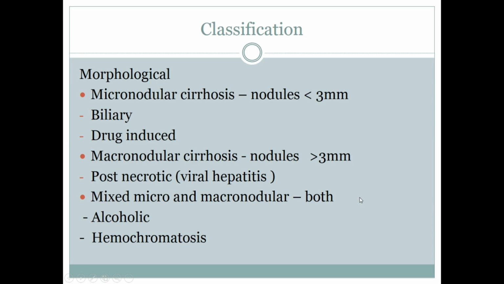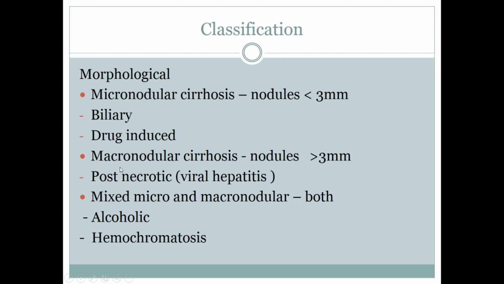Now, another very important thing is that we can ask objective questions on this. We can ask you, name 2 causes of micronodular cirrhosis, and the 2 causes are biliary cirrhosis and drug-induced cirrhosis. You cannot write alcoholic liver disease here. Alcoholic liver disease is a mixed micro and macronodular.